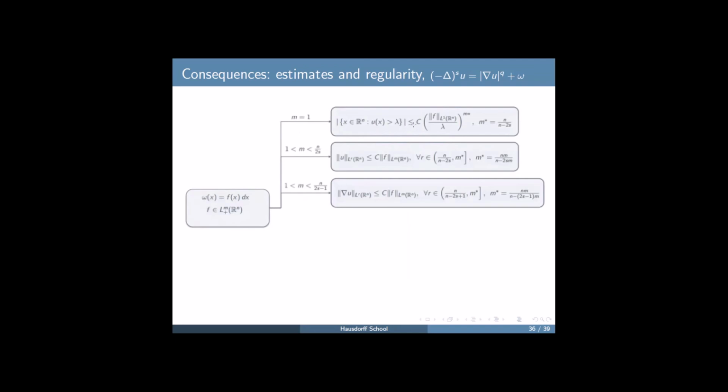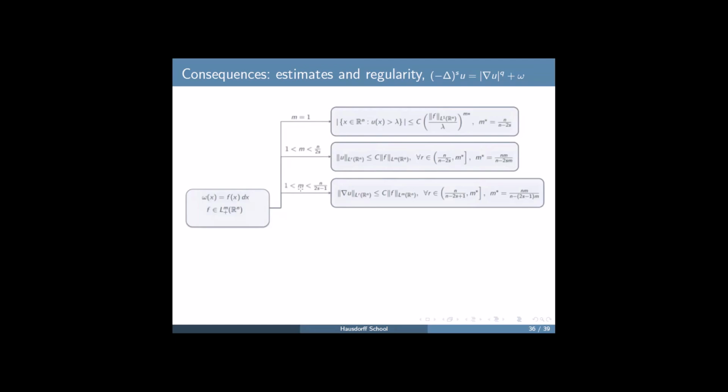These are consequences of the same estimate for the Riesz potentials. Also, if m is greater than 1 and less than n over 2s, we can control the L^r norm of the function u in R^n in terms of the norm of the function f for any r in this interval.